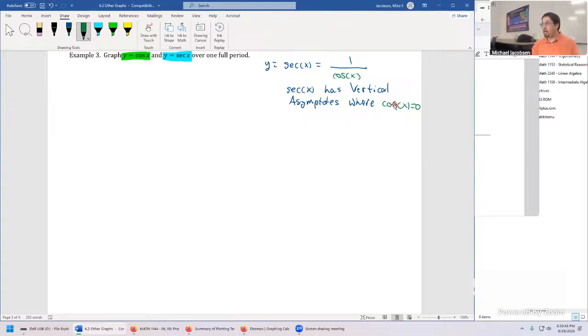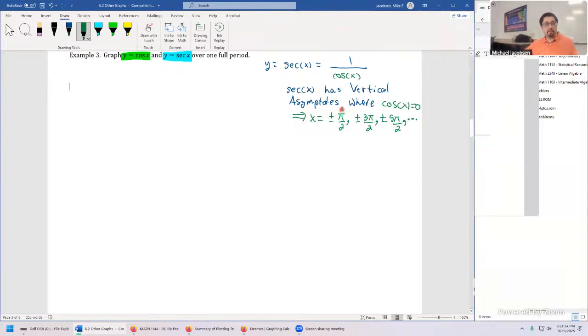Cosine x goes to 0 at pi over 2 when you're at 90-degree rotation, then again at 3 pi over 2, or the positive and negative versions of them. So cosine x equals 0 implies x equals positive or negative pi over 2, positive or negative 3 pi over 2, positive or negative 5 pi over 2, and so on. That's the pattern for all of the vertical asymptotes where cosine x is 0.